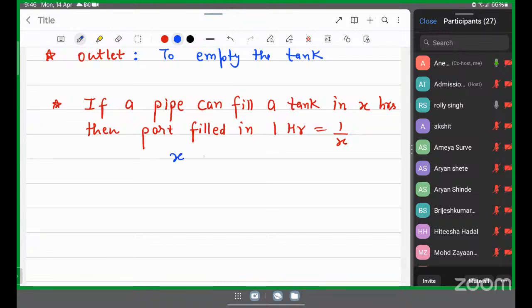If X hours are taken to complete the work of 1 unit, it will give 1 by X.